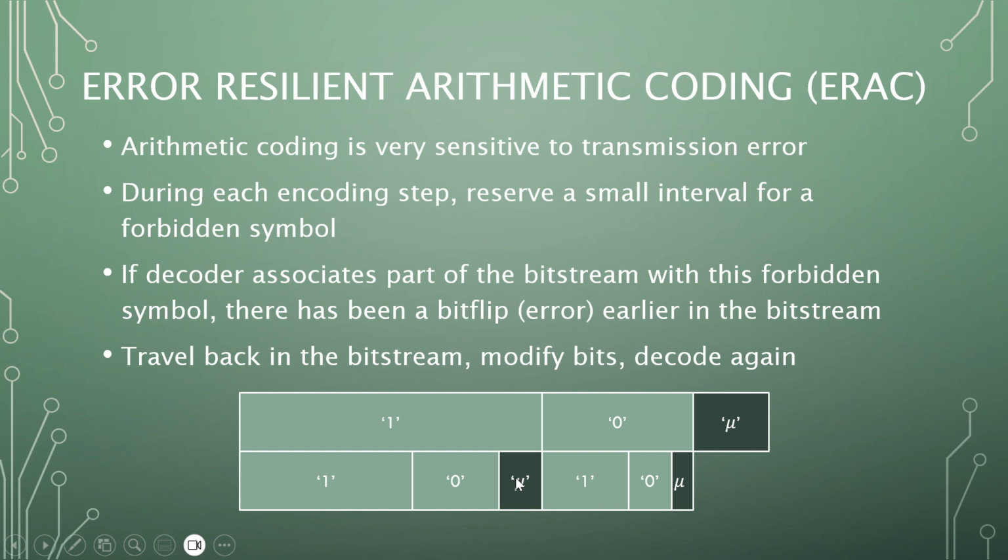If that is the case, the decoder will try to decode this forbidden symbol, realize it's forbidden, and therefore realize an error has been detected. At that point, it will go back in the bit stream, change certain bits, and re-decode, and it'll repeat until it no longer lands in a forbidden symbol area.